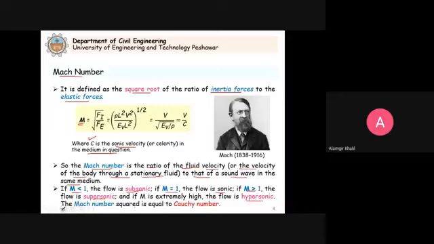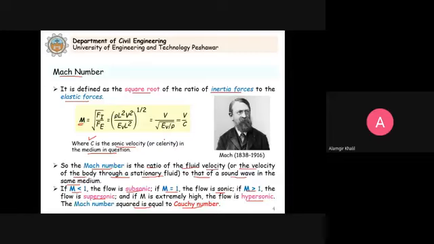Also, if you square the Mach number, we get another number that is known as the Cauchy number. You calculate this M and square it, and we get another number known as the Cauchy number. So remember, from now onward, this discussion is just for introduction.